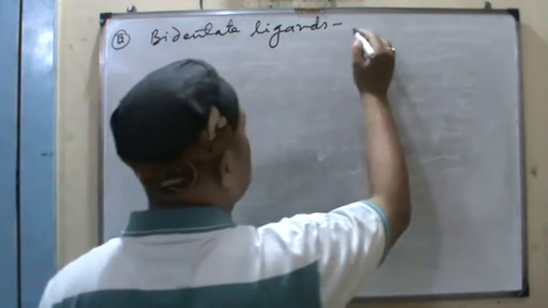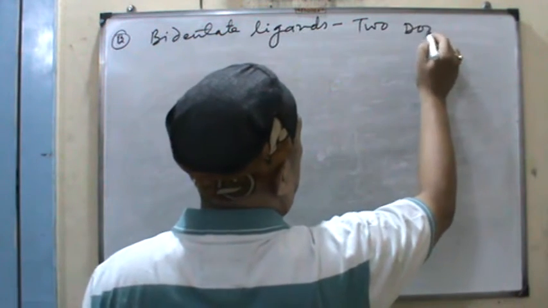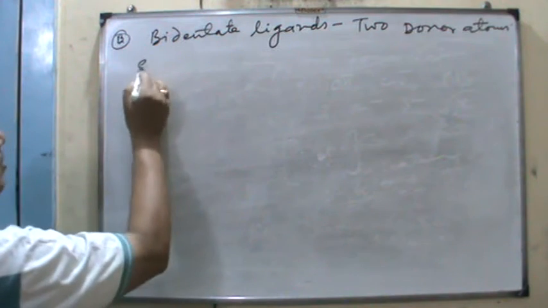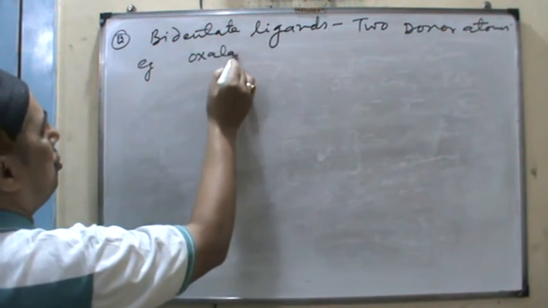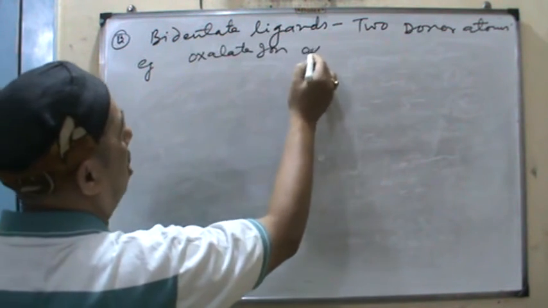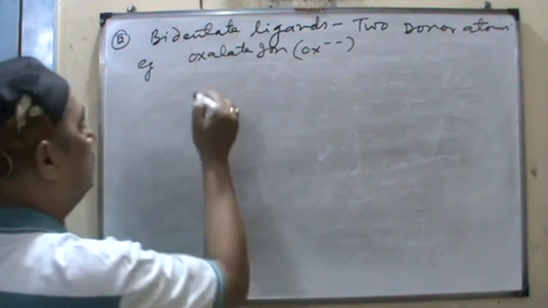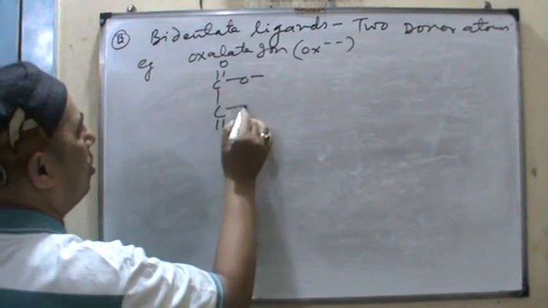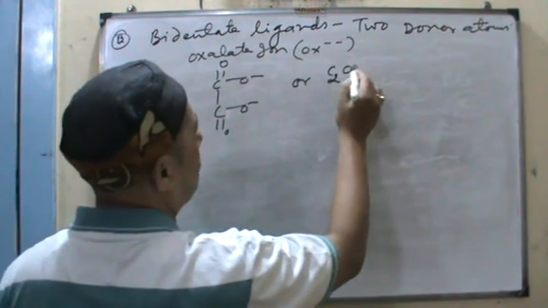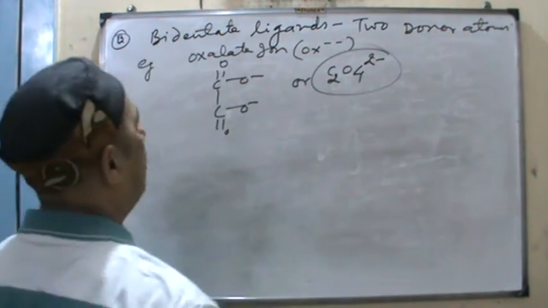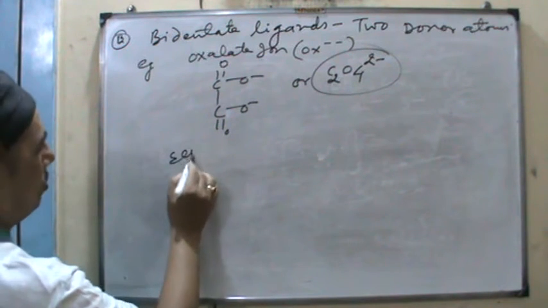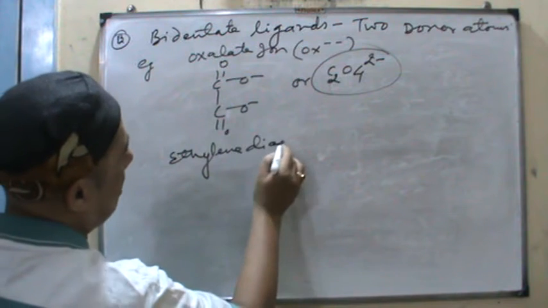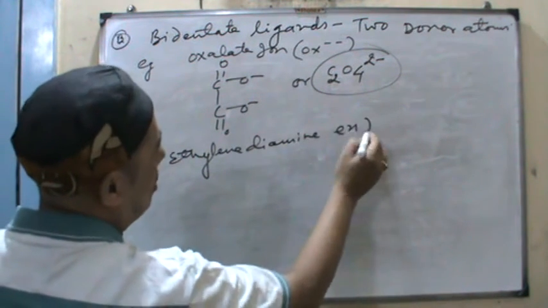Now second is the bidentate ligand or didentate ligand. Such ligand contains 2 donor atoms. For example, here oxalate ion. In short, you can write ox 2 negative: C double bond O, O negative, C double bond O, O negative, or it is called C2O4 2 negative, oxalate. Then there is ethylene diamine. In short, it is en.